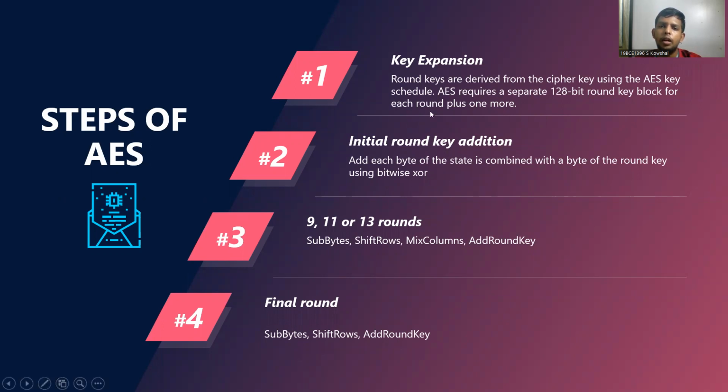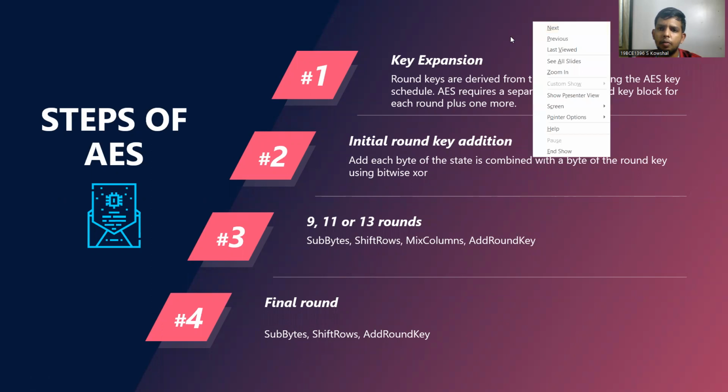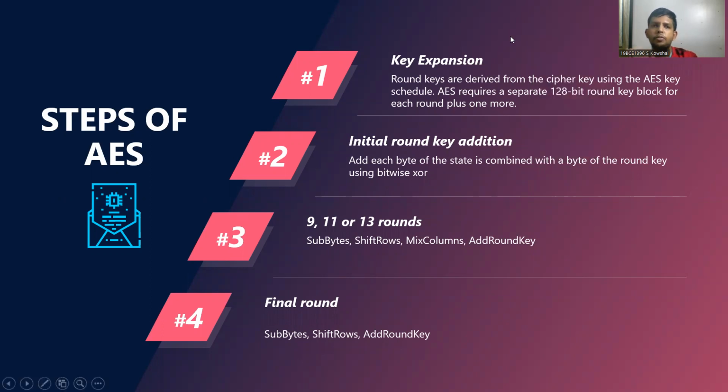The round key algorithm was derived from the cipher key. It was used to schedule the first part, the key expansion. If you have a key, the key is expanded based on the number of rounds the algorithm goes through.